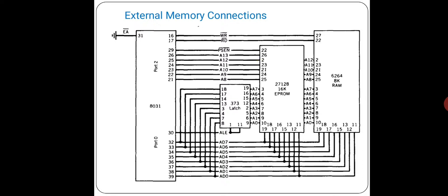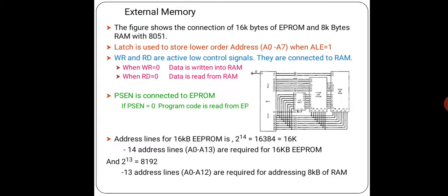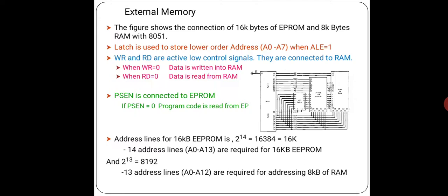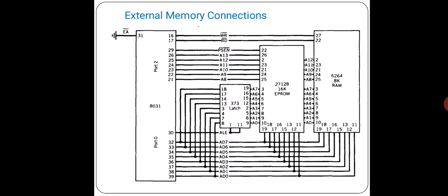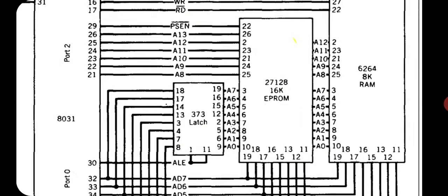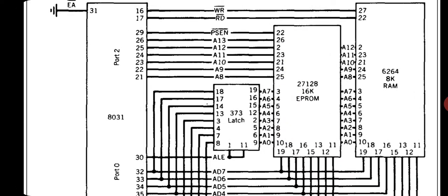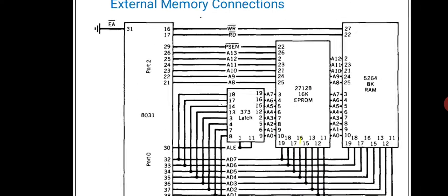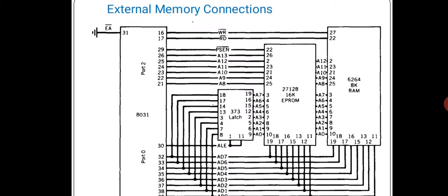Why I am asking you to count this is because I have to explain all of this, then only you will understand. What I want to show you is that here the ROM memory, EEPROM memory, is connected with 14 lines of address.